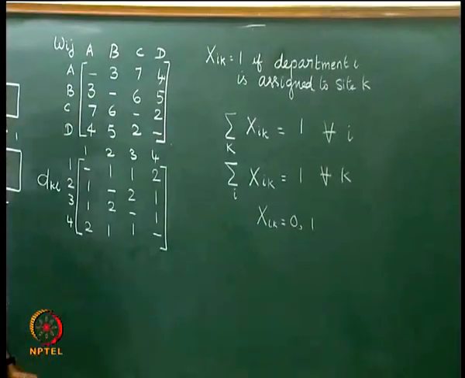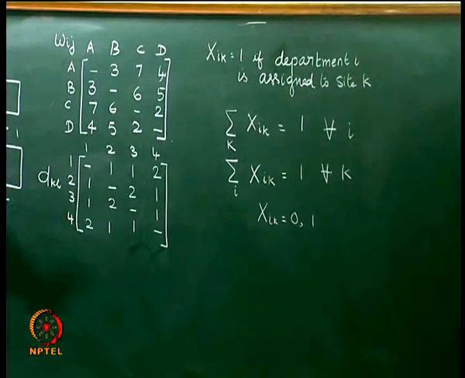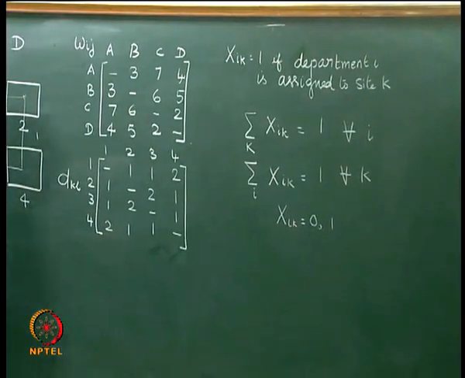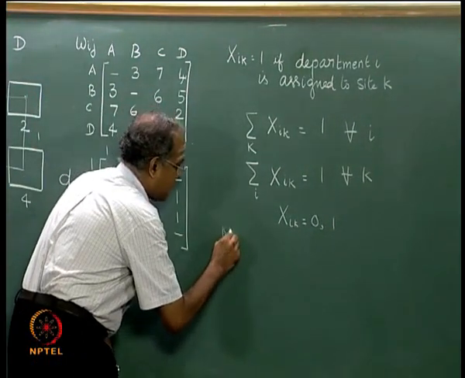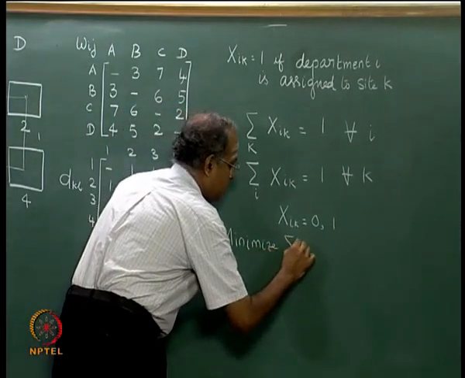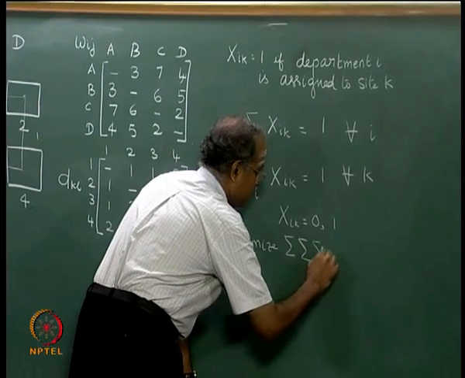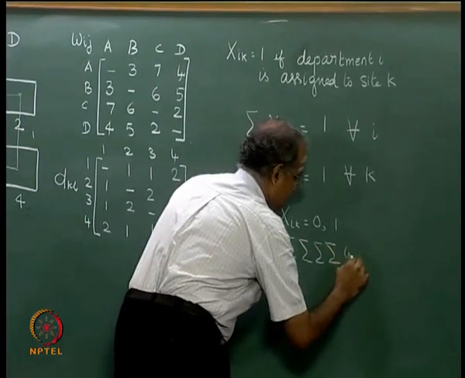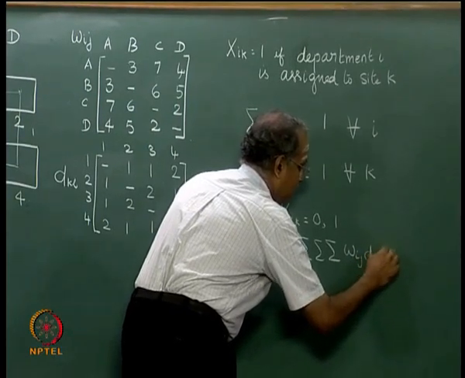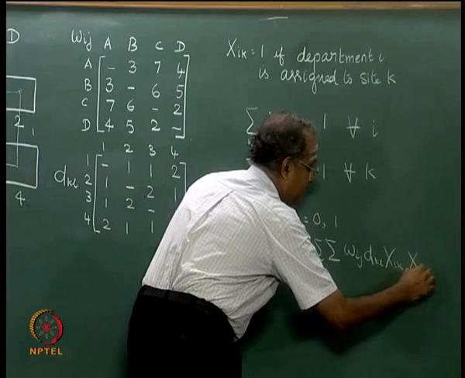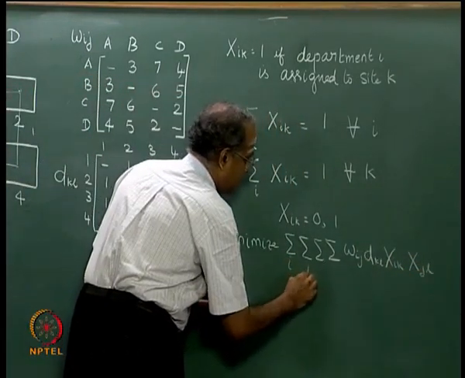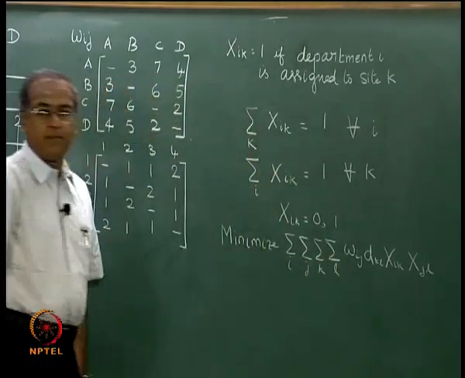The objective function is to minimize the product of the Wij's and dkl's. So the objective function will be of the type: minimize sum of Wij dkl xik xjl, summed over i, j, k, l.